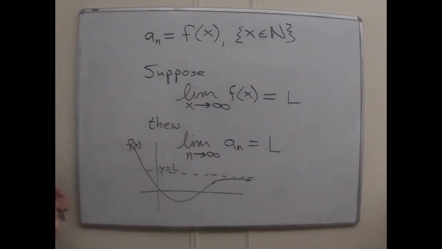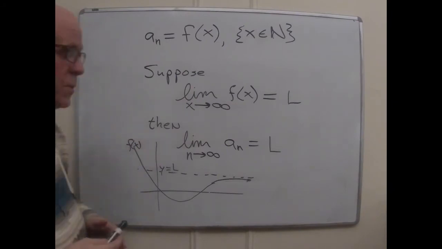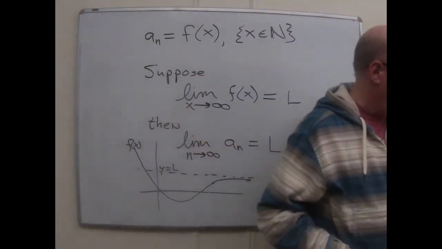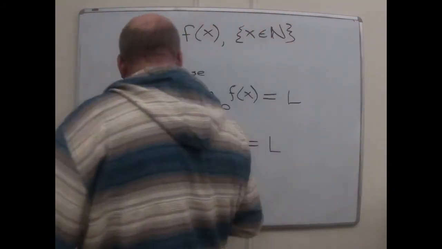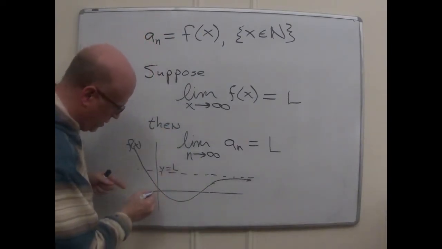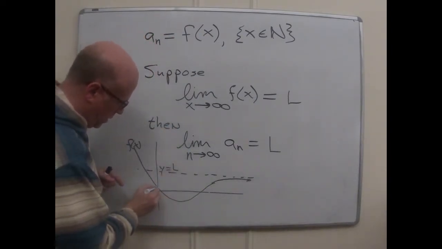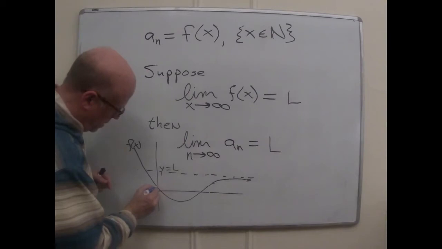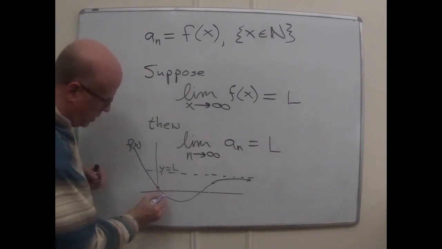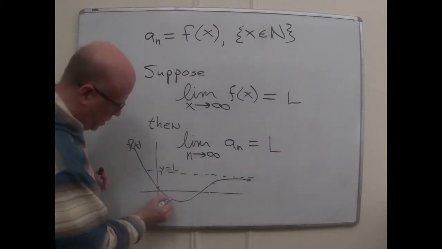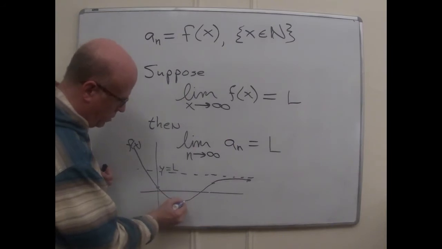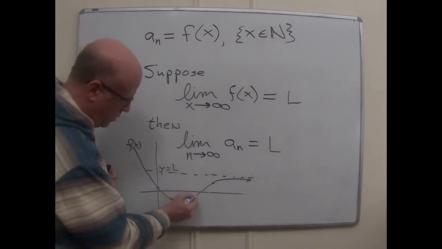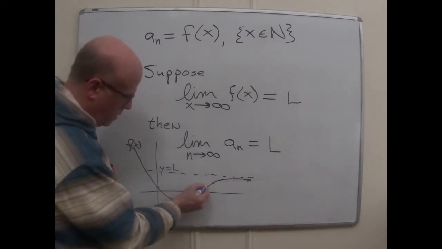Well, the idea for moving from the function to the sequence is simply that the sequence is just particular spots along this graph. So that would be A0, and then here's A1, A2, A3, A4.